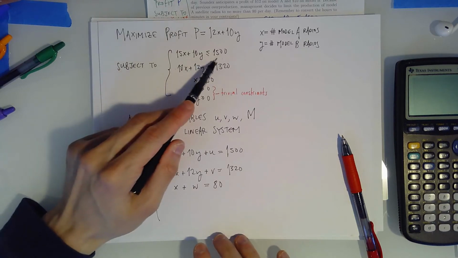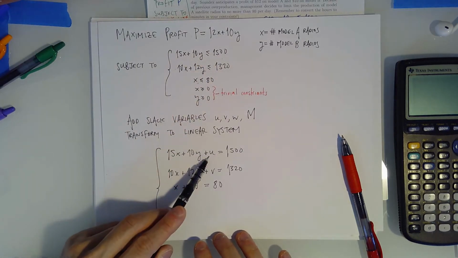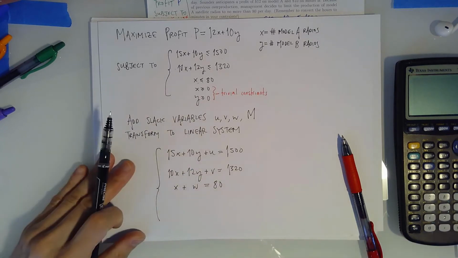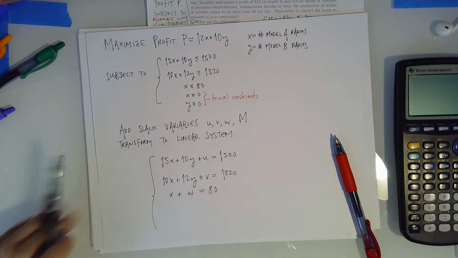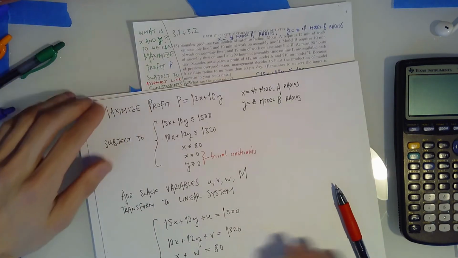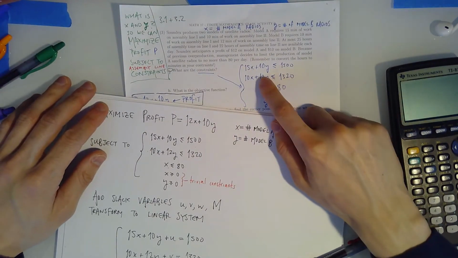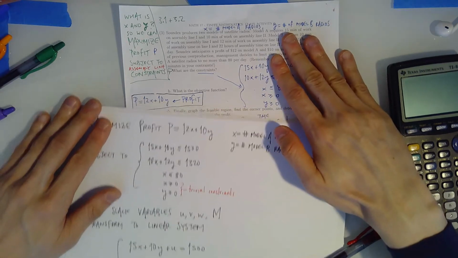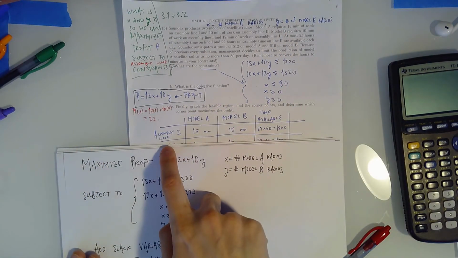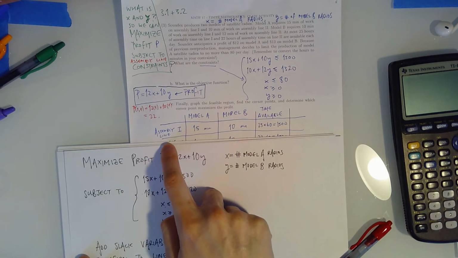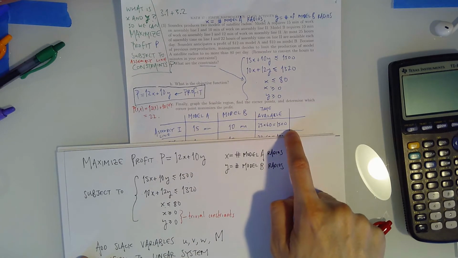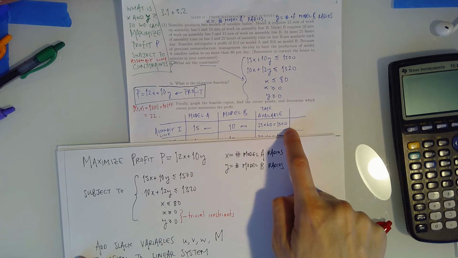So the difference between the two will be given by the slack variable. For example, in the context of the problem here, the first constraint, 15x plus 10y, comes from the fact that assembly line 1 has 1,500 minutes available for usage during the day.